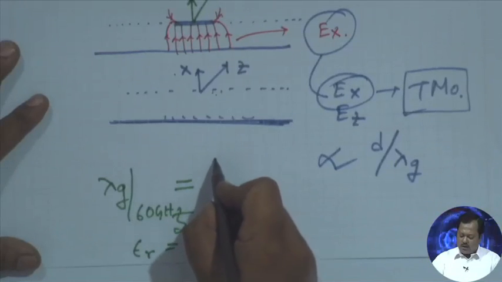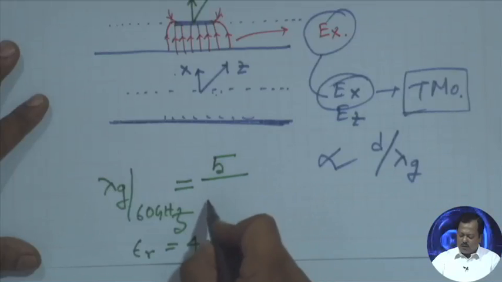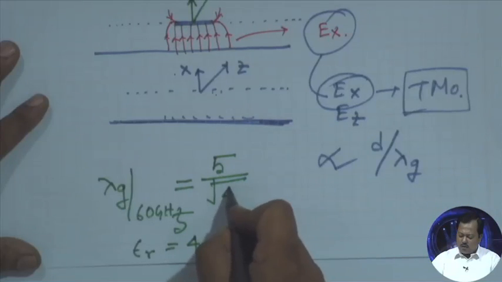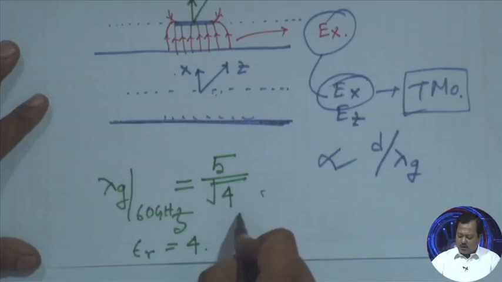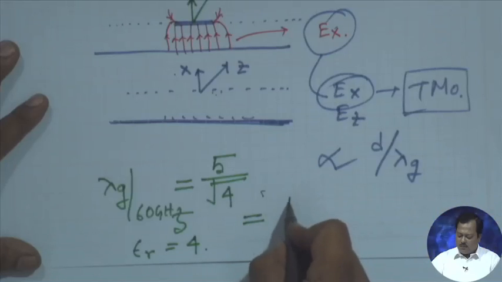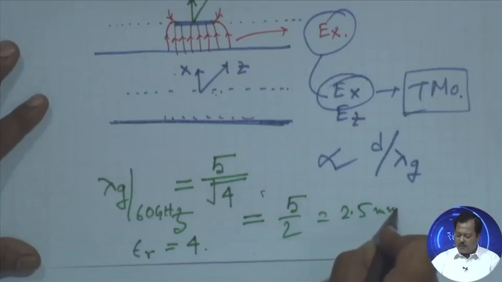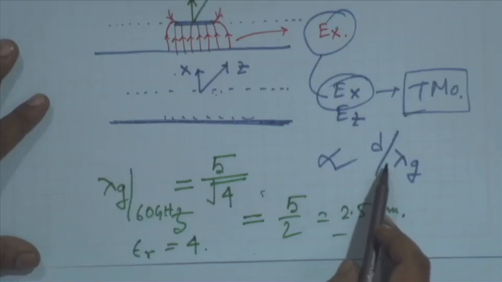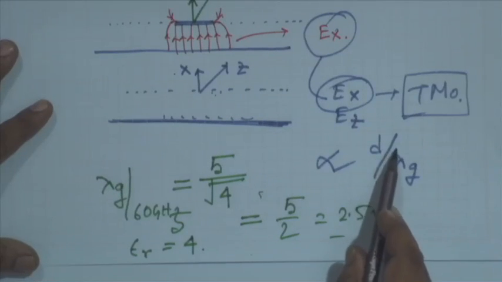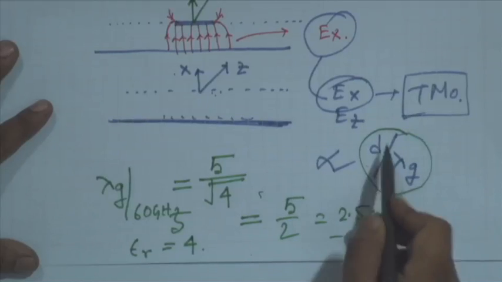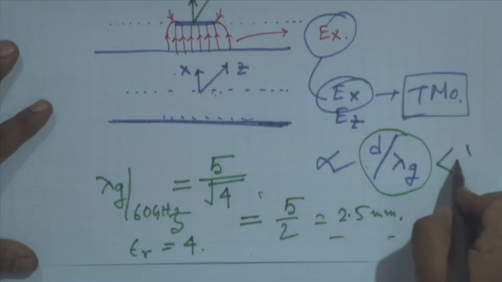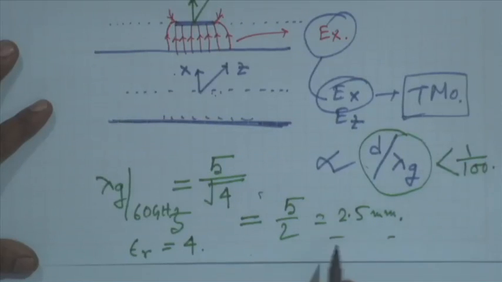Then lambda g is 5 divided by square root of epsilon r. So, how much is it? 5 divided by 2, which is 2.5 millimeter. We can neglect the effect of surface wave only if d by lambda g is smaller than 1 by 100.